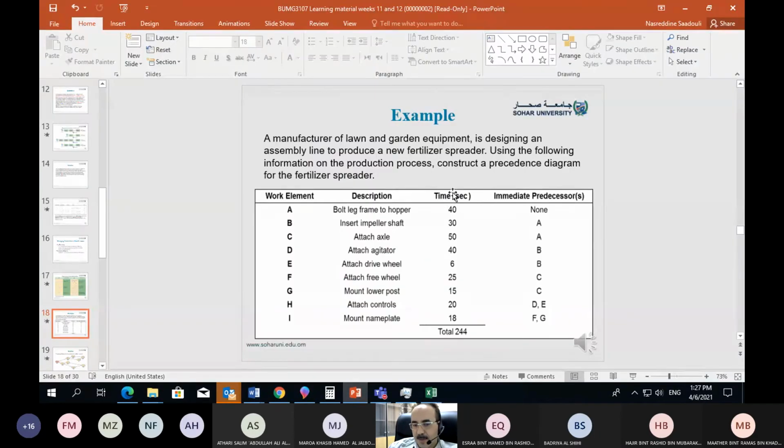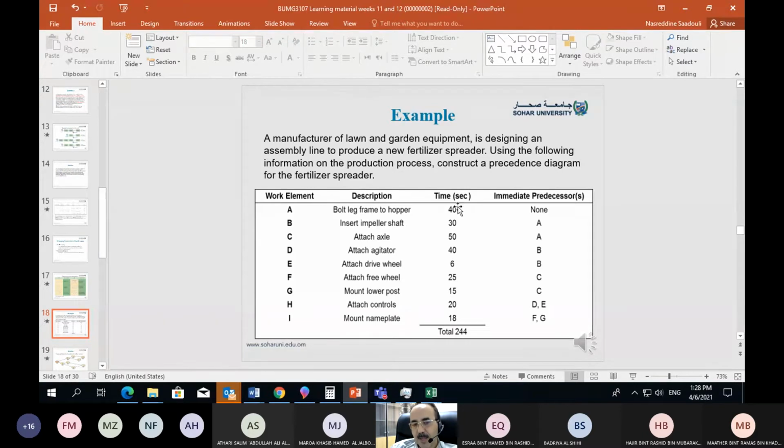The total time it takes for assembling this product is 244 seconds. The time here is given in seconds. This is the time for all of them. Is this the same as the throughput time? Actually, it's not.